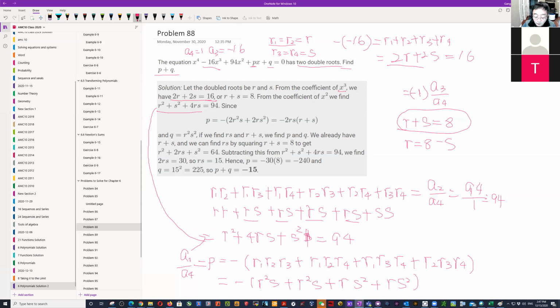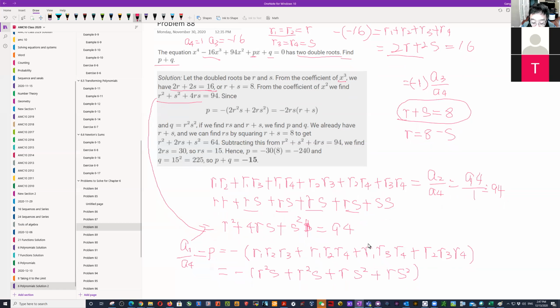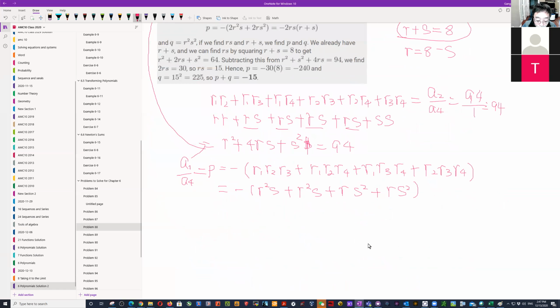So basically it's possible to do this, and we can say it's negative, and we can factor out RS. So RS, and then this is like 2R square S plus 2R S square.